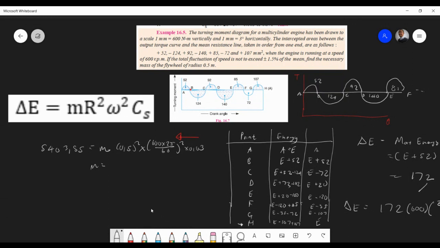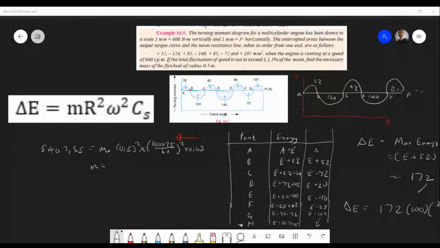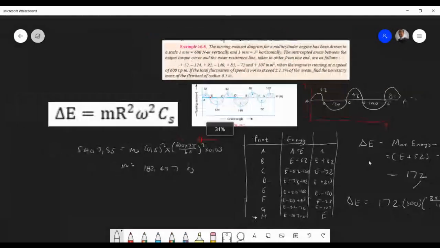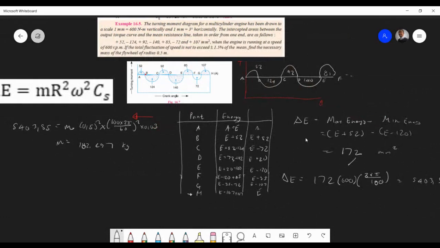Your mass will come out to 182.497. Guys, we can do this. Well done, and I really mean that. So how do I mark this? If you have to do a diagram, you probably get 1 or 2 marks for it.